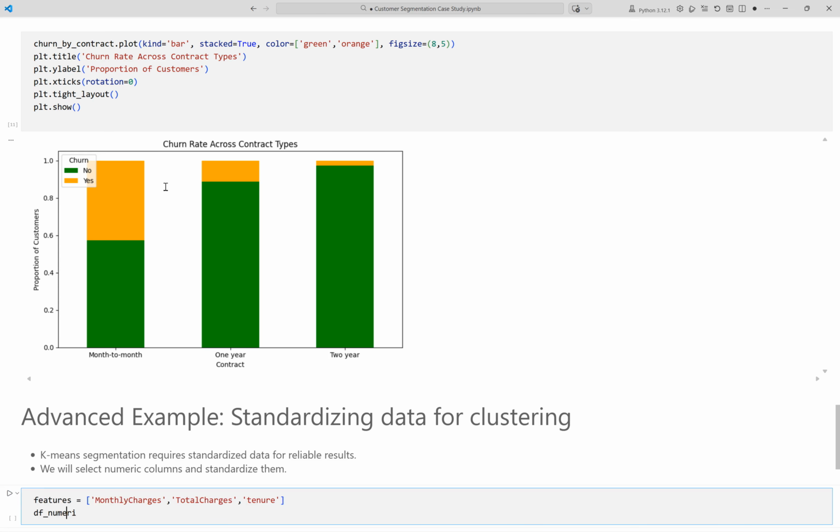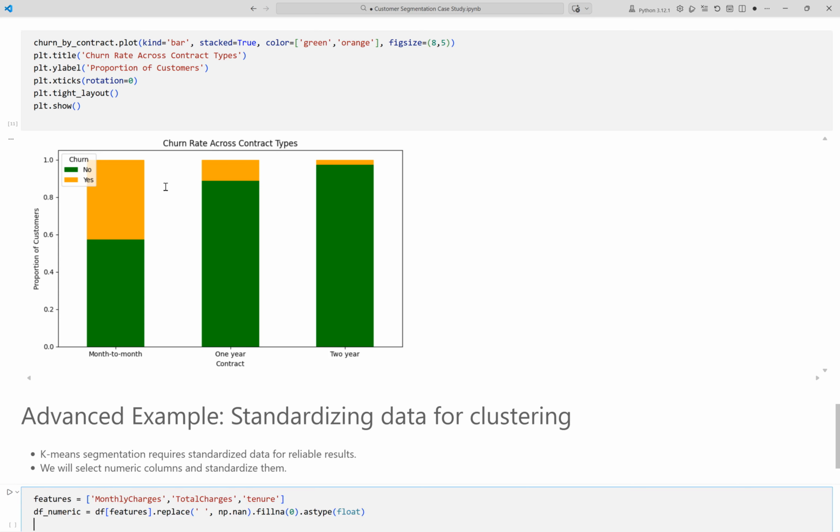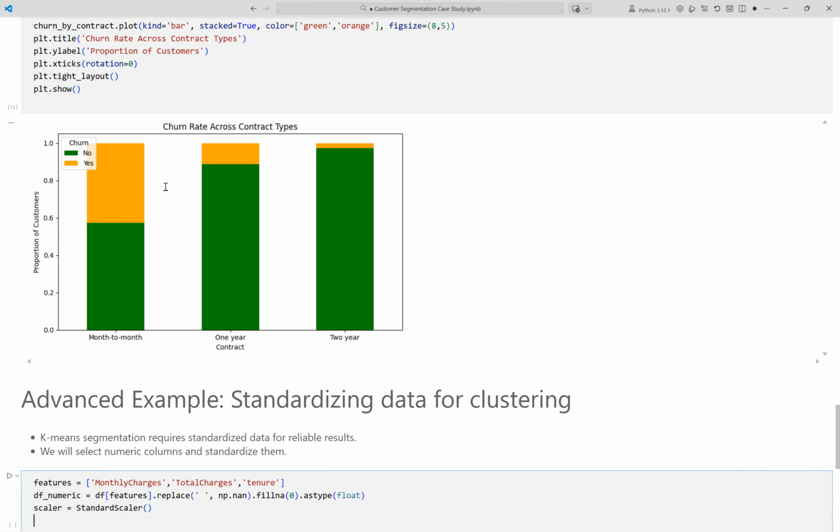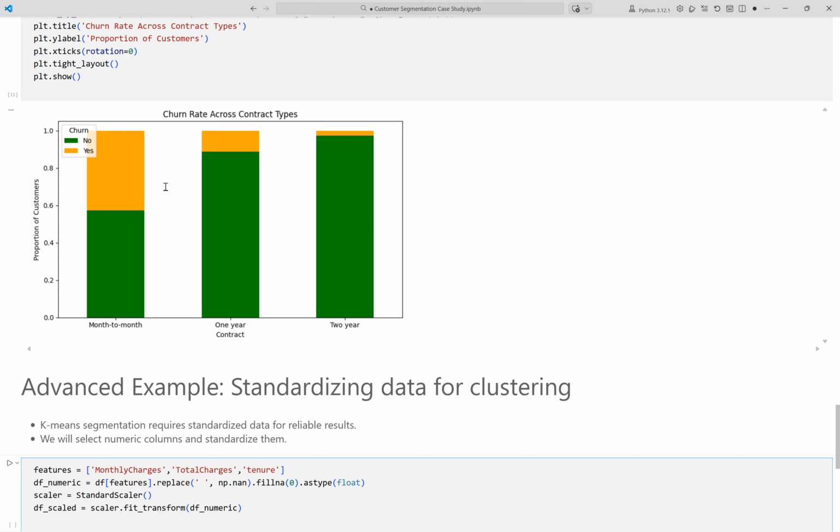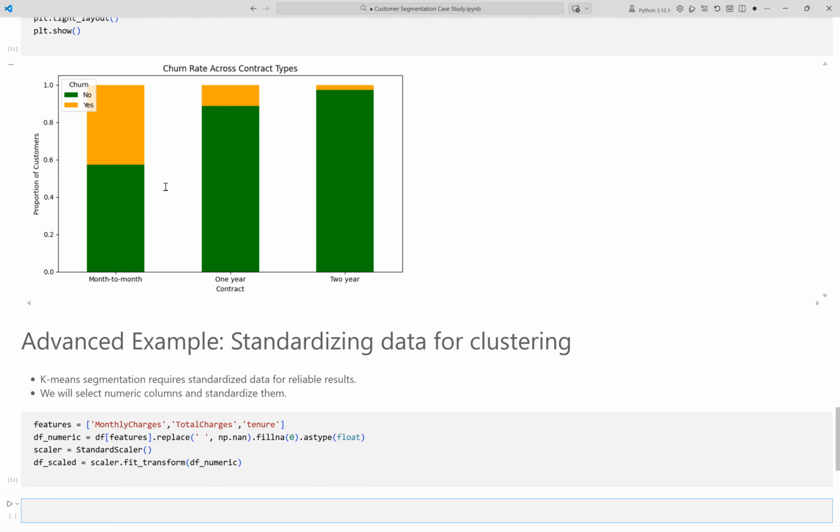We handle blank spaces and missing values by replacing them and ensuring the data is numeric. We create a standard scaler to normalize the features. We scale the data, putting all variables on an equal footing before clustering. Running the cell now. Why is it important to standardize variables when using k-means clustering?